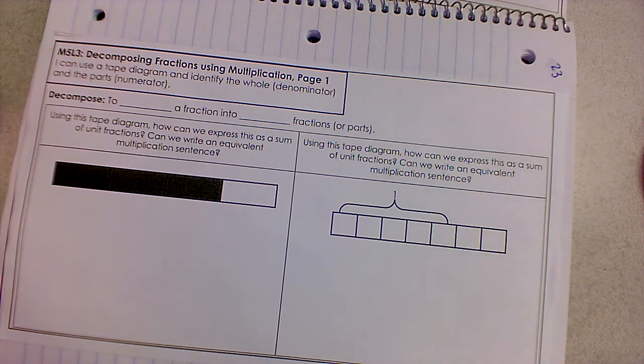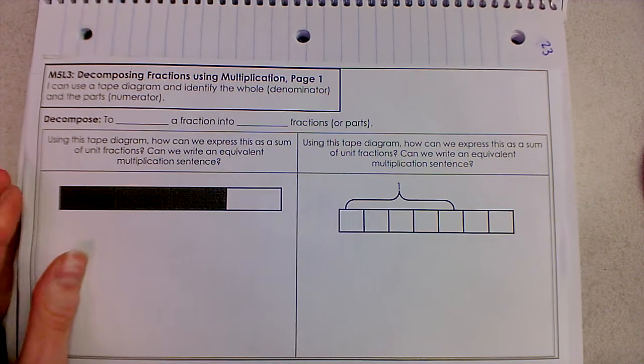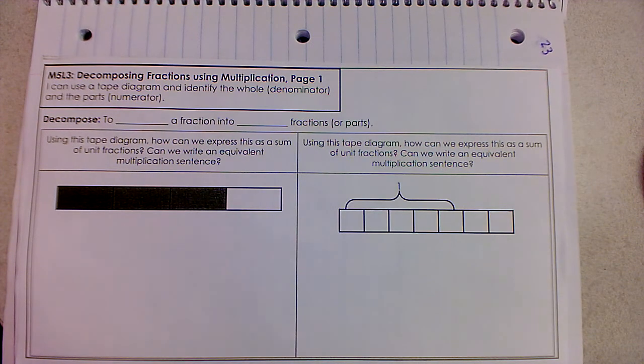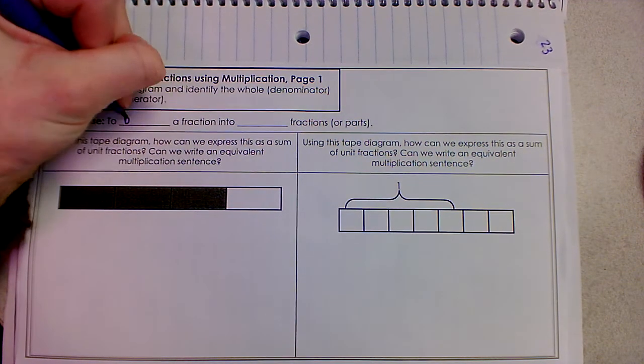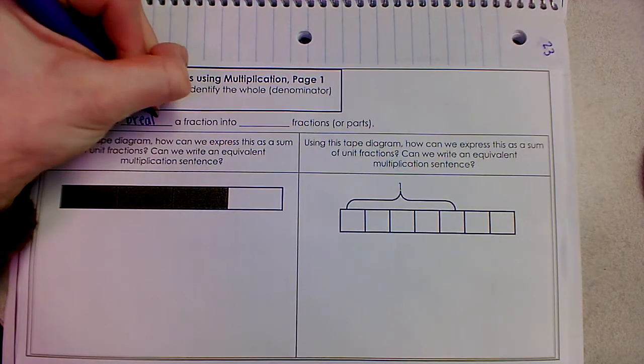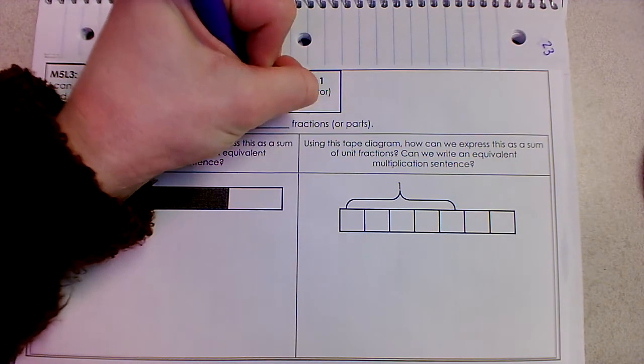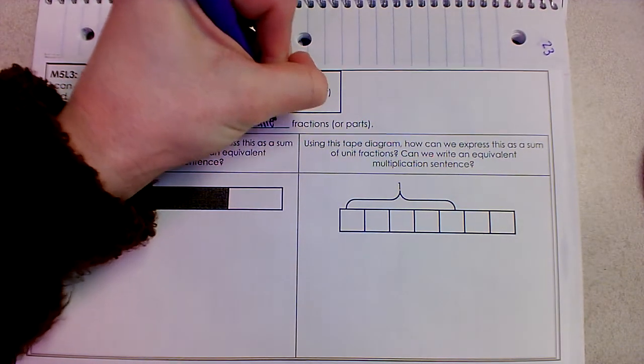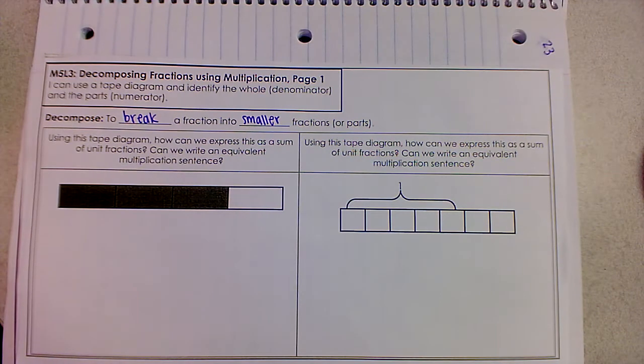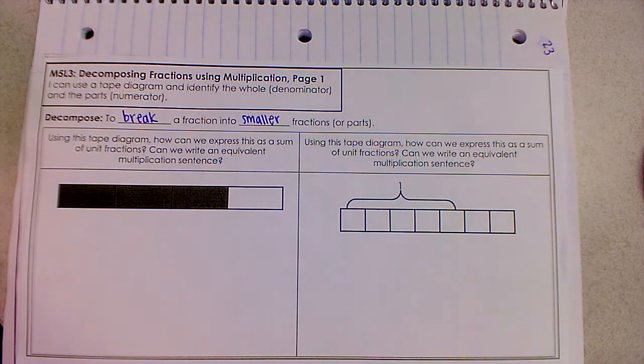So you might not recognize this word decompose. So decompose means to break a fraction into smaller fractions or parts. So we're going to be breaking down fractions like we did yesterday, but we're just using multiplication this time.